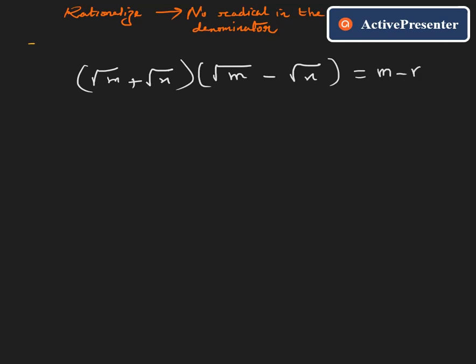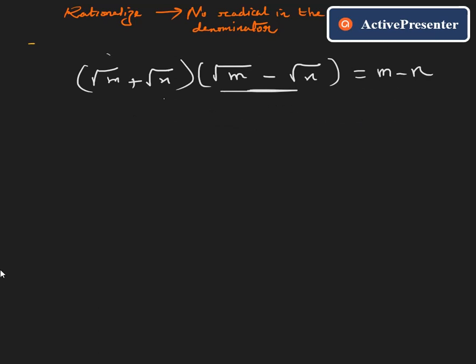So how is square root of m plus square root of n multiplied by square root of m minus square root of n equal to m minus n? This is the conjugate of this one, and this one is the conjugate of this one. So how did we reach this conclusion?